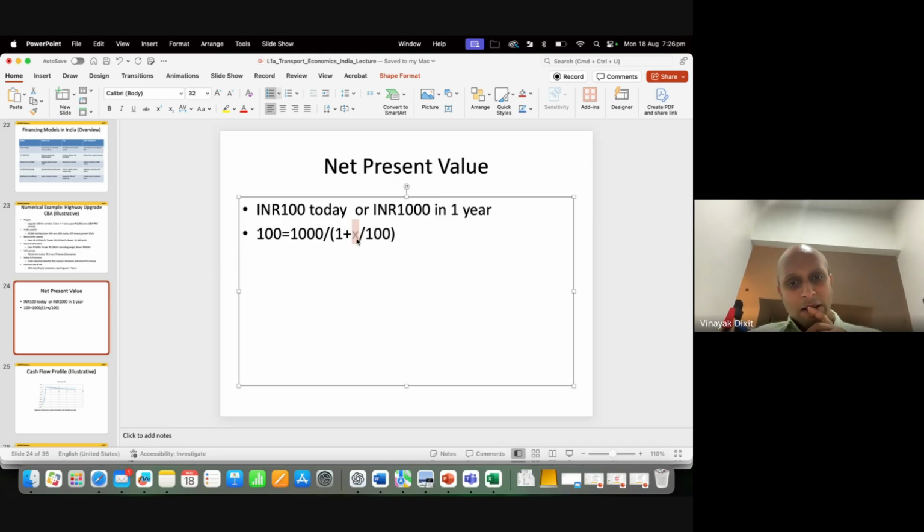It'll have to be 900, so x is equal to 900. So you will need 900%. Your discounting rate is 900% on 100 rupees.